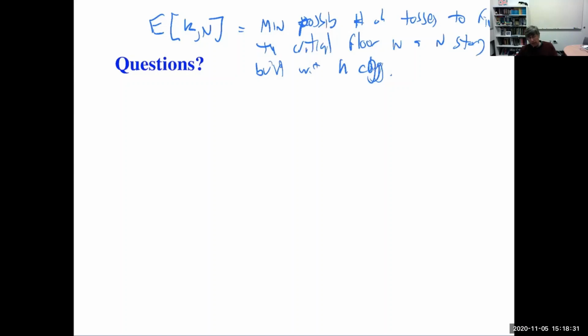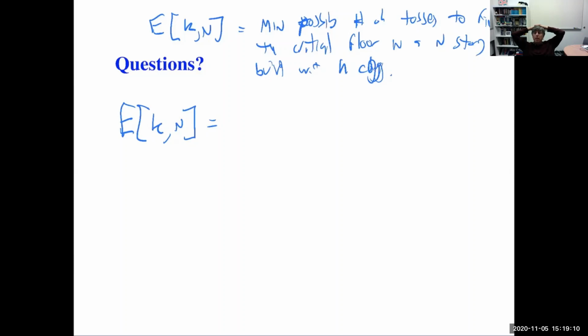Now, can anybody come up with a recurrence relation to compute what E sub k n is? Any ideas how this could possibly be gone about? Any ideas? Anyone want to try to work through this? What floor should we toss the first egg off on?